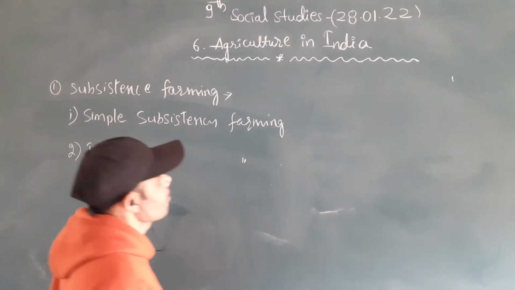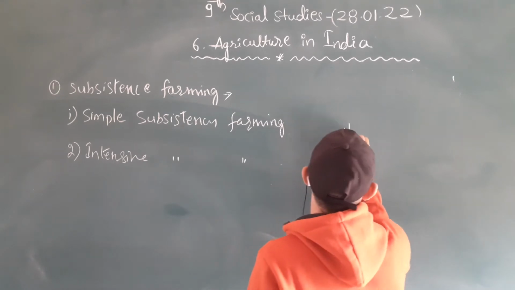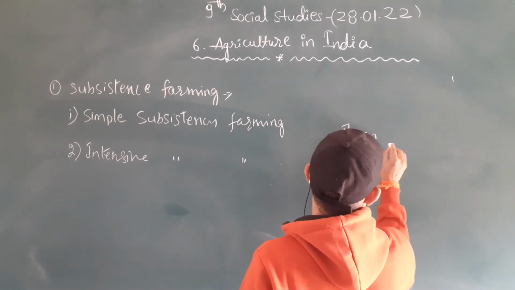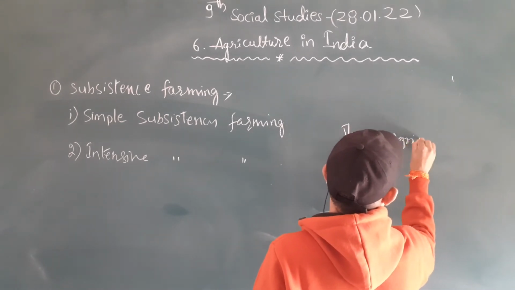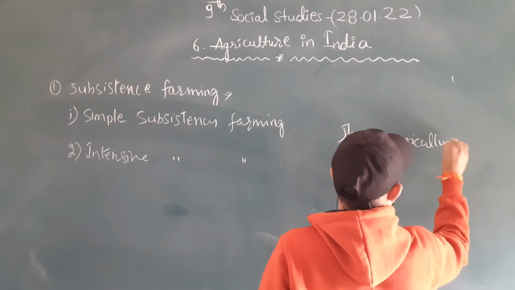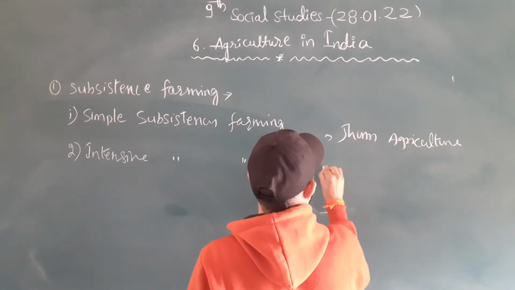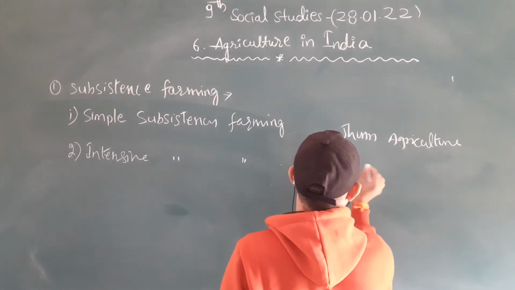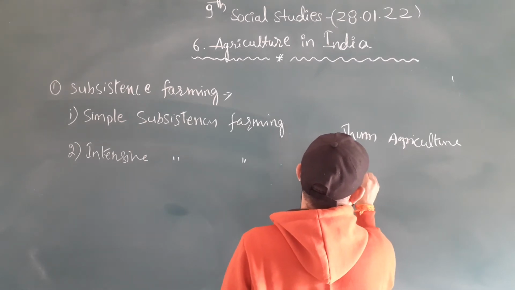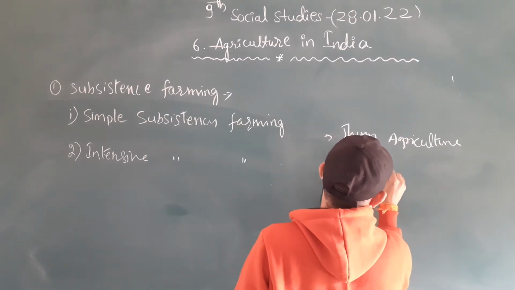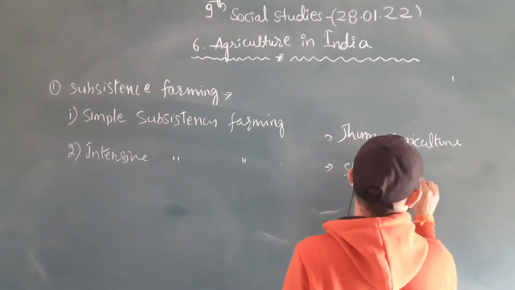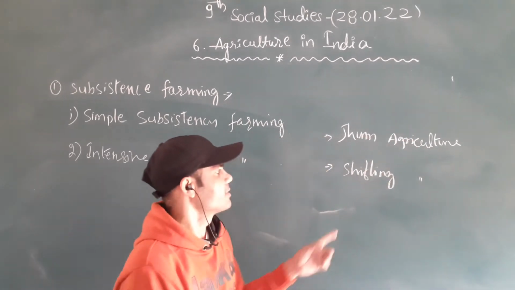We have another name, that is the zoom agriculture. We also call it shifting agriculture, right? Already we discussed, right?